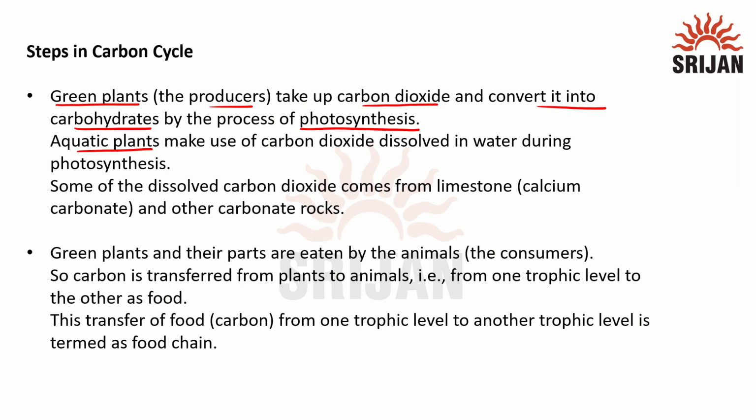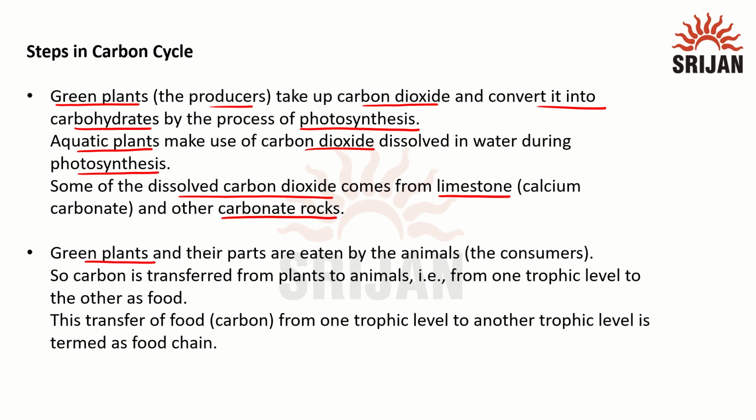Aquatic plants make use of CO2 dissolved in water and they perform photosynthesis. Apart from this, there will be some dissolved CO2 present in the water, and some of the dissolved CO2 comes from limestone, that is calcium carbonate, and other carbonate rocks.